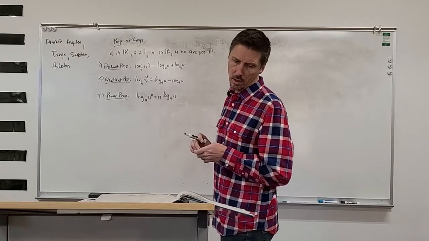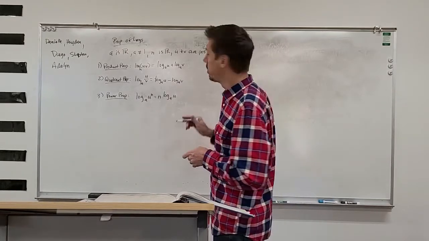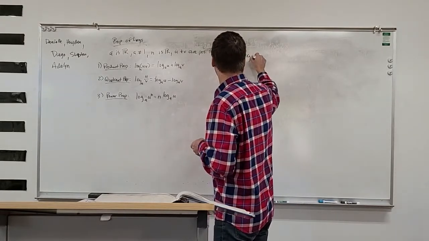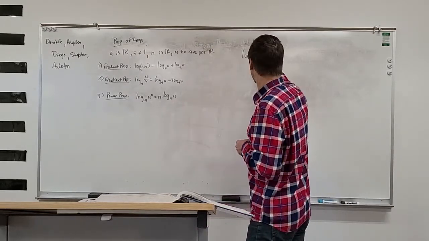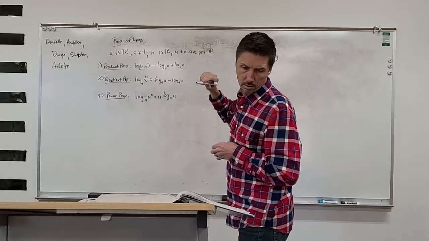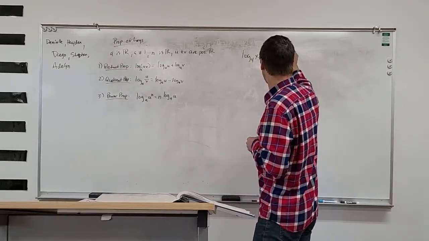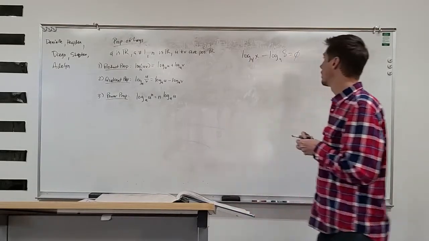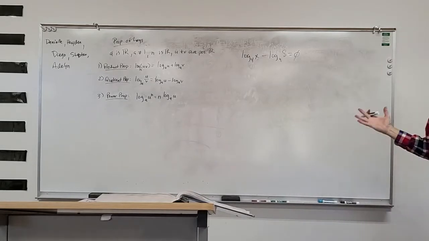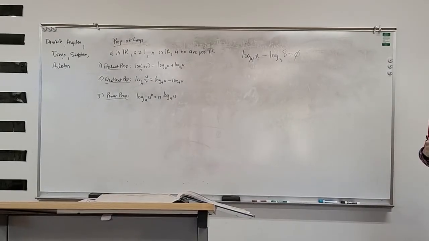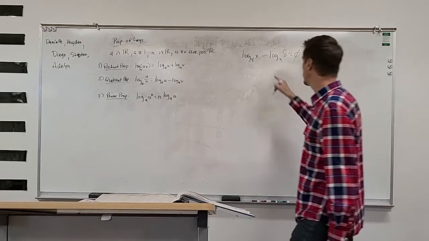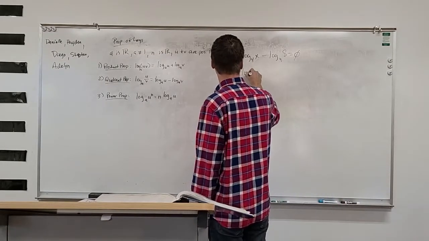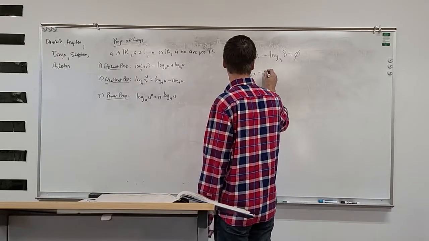Let's do the second one. Log base 4 of x minus log base 4 of 8 equals 0, right? Don't forget that we can use all the stuff we've been doing for years now with algebraic functions, and we could just move the log base 4 of 8 over here and take away the negative sign, right?